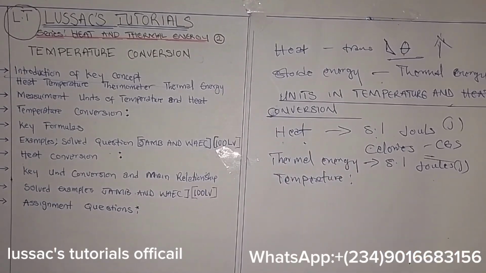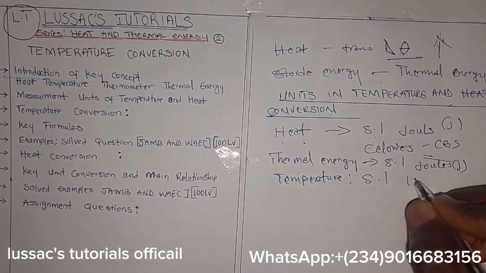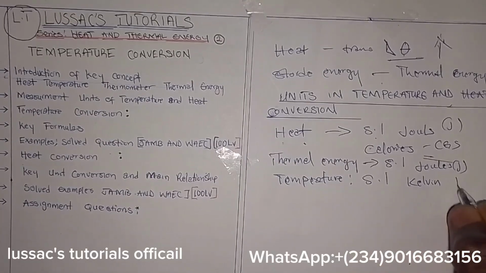Now, temperature has 3 units of measurement, 3 basic ones that we know. And I want to explain because those are the most important ones you guys need to know. It has an SI unit in Kelvin.